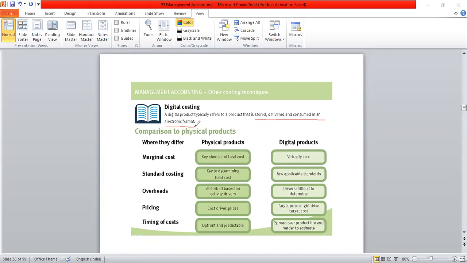Take a basic example here. Let's not get into the technicality about Bitcoin. We can take a simple example because there are so many other intricacies about Bitcoin. But here, for digital products, what are digital products? For the moment, let's understand in a simple concept what a digital product is.